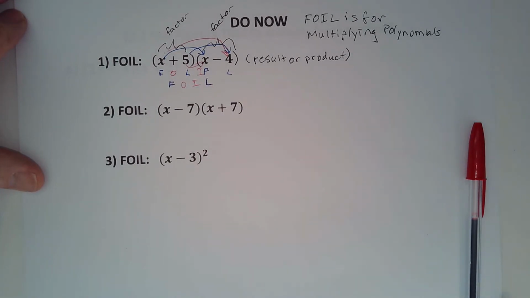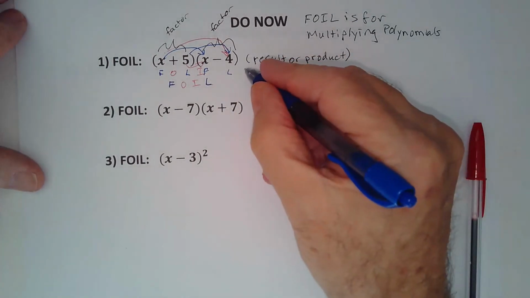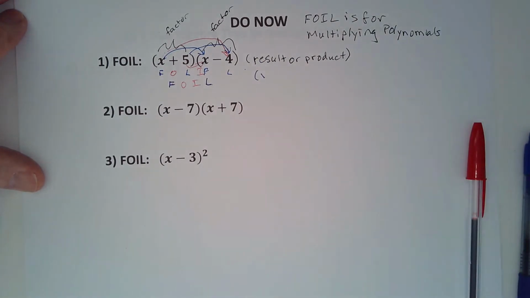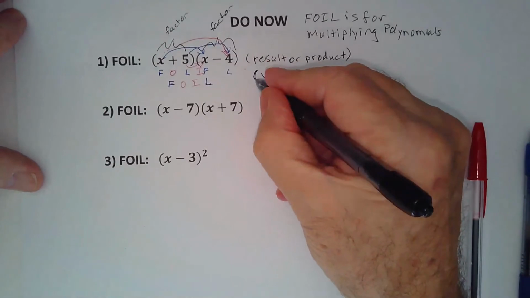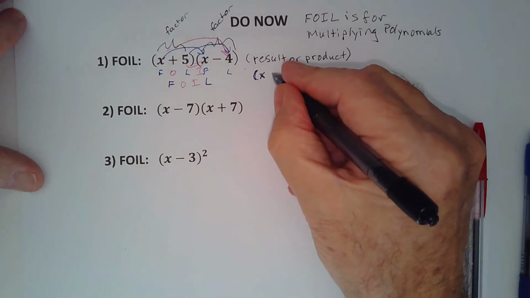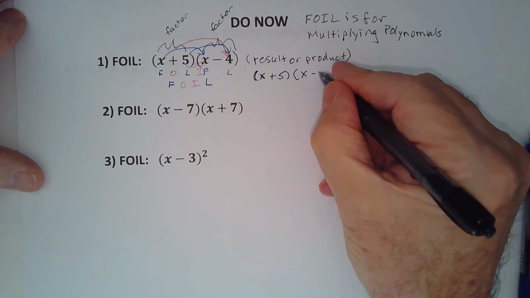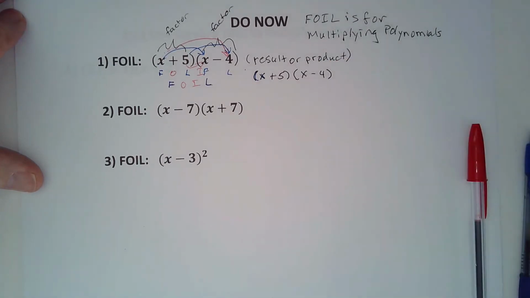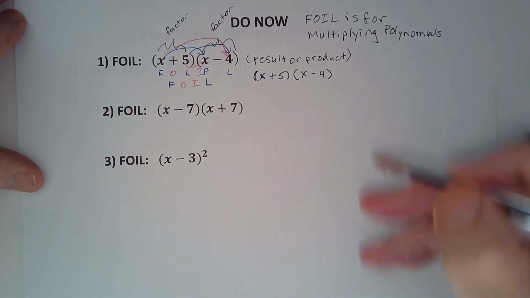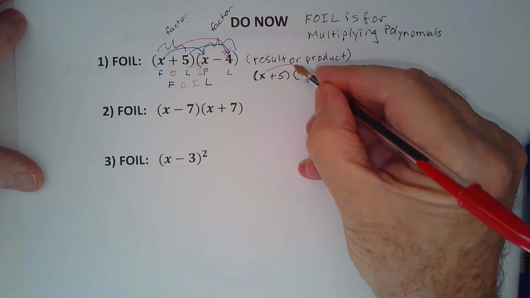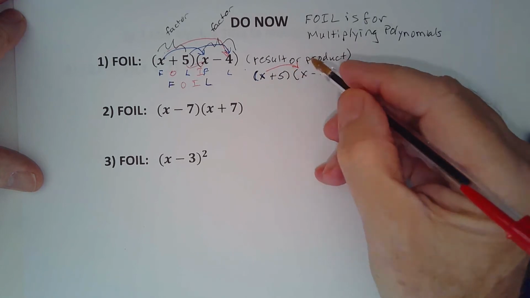All right, so let's just take the problem over here. I've got x, let's use black, x plus 5 times x minus 4. And so I'm going to go ahead and multiply x to x. All right.